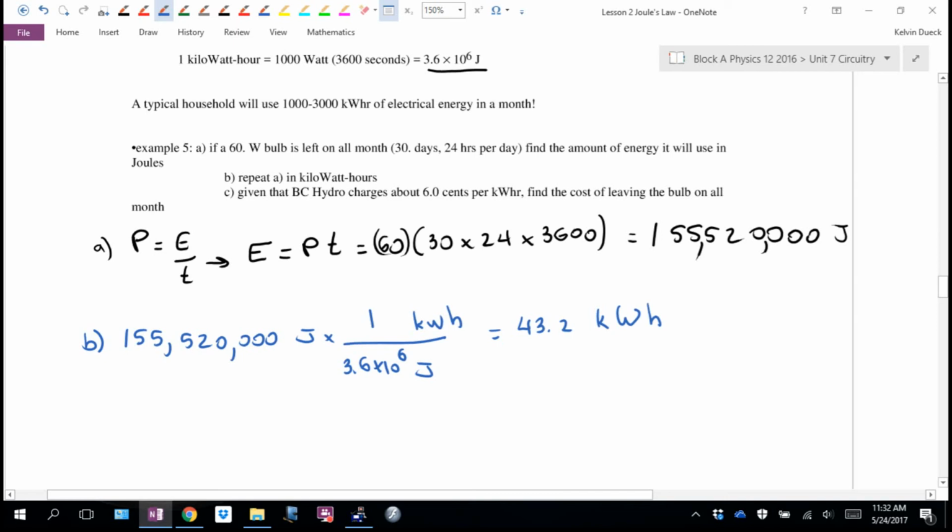And this is what brings us to a problem, because we've left this bulb on 24/7 for an entire month. Surely, Mr. Dewick, that's going to cost us a lot of money, right? Well, if BC Hydro charges about 6 cents per kilowatt hour, it's going to be 43.2 kilowatt hours times 0.066, but in dollars.